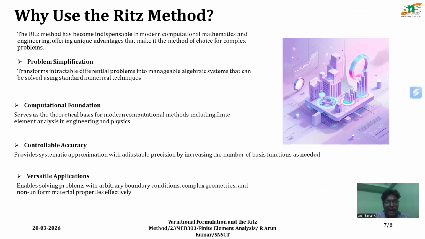The Ritz method has become indispensable in modern computational mathematics and engineering, offering unique advantages that make it the method of choice for complex problems. Problem simplification: transforming the differential problem into a manageable algebraic system that can be solved using standard numerical techniques.